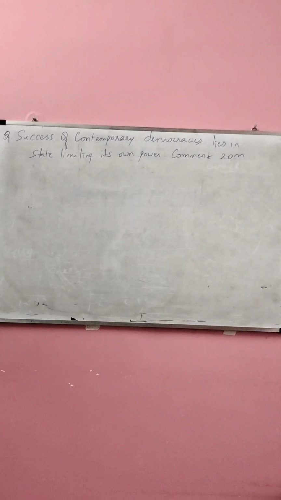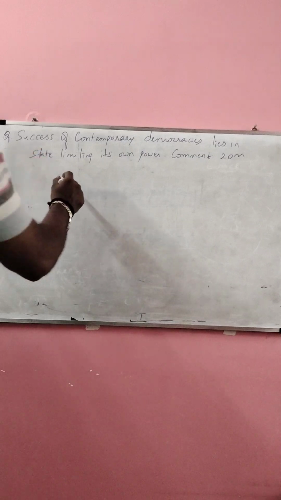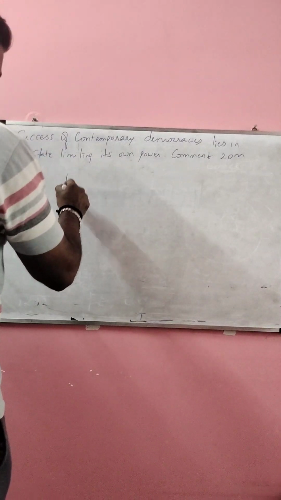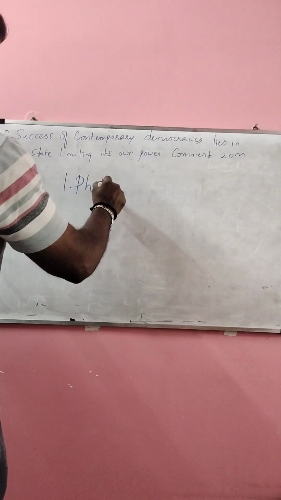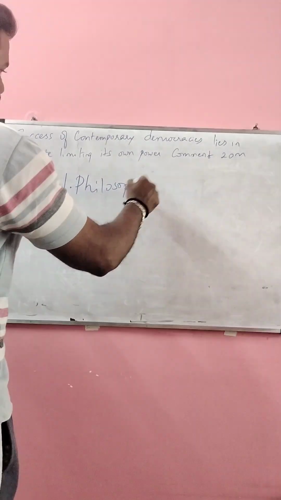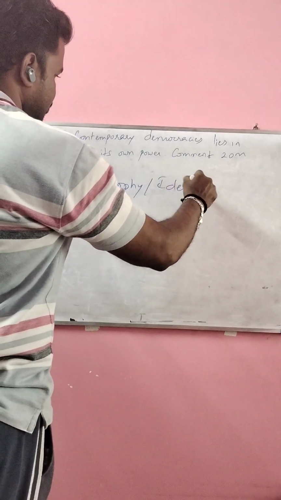Enough. Okay, friends, now coming to the knowledge framework for answer writing. This is the framework. Never forget the framework. There are 5 important aspects that you should keep in mind. First is philosophy and ideology.